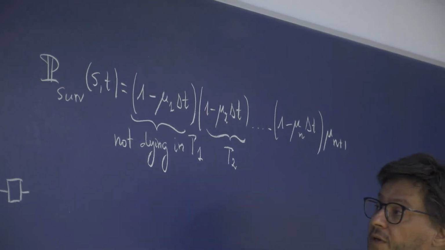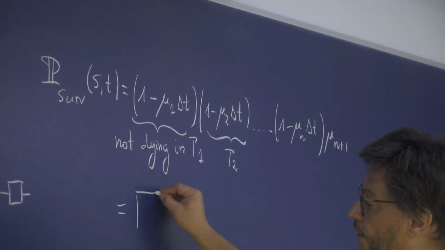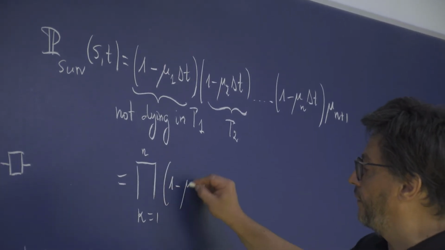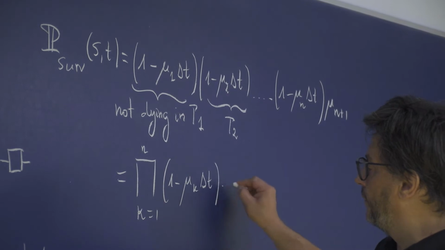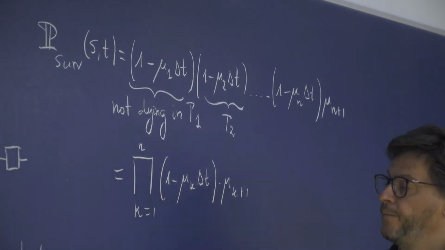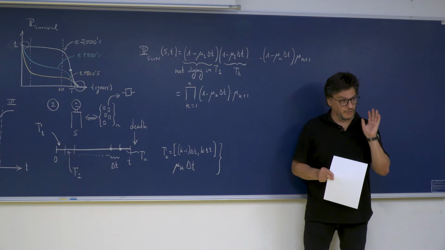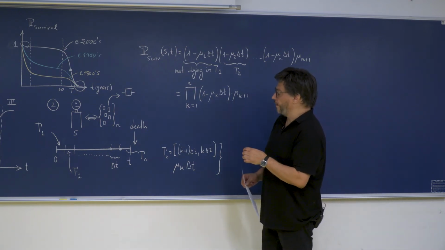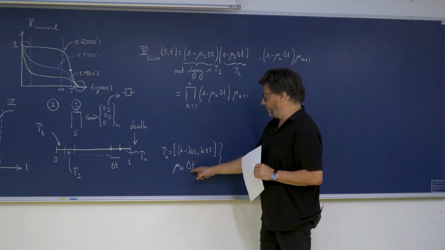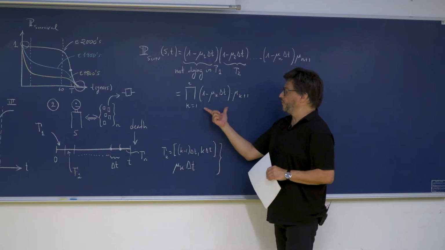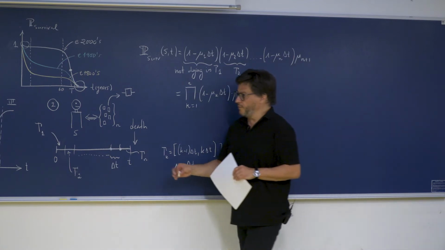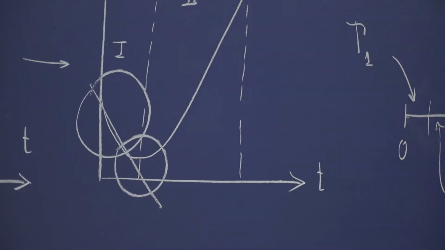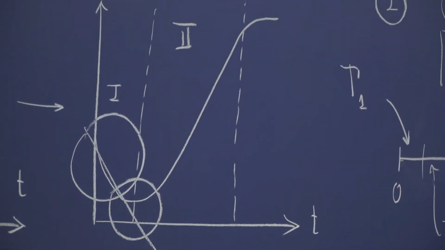This will describe, in general, assuming that within each interval I have a constant characteristic rate, and that this linear approximation is a valid one, this will be the expression for this part of the behavior for survival. That will be a probability.